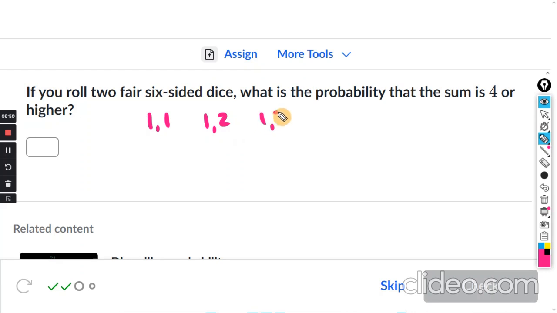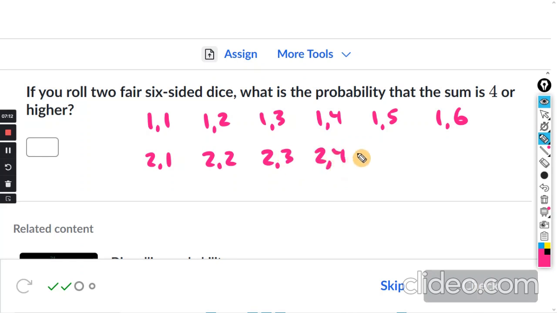And then a 1-3. 1-4. 1-5. And 1-6. So this is all the rolls when you roll a 1 first. Then keep going. You have a 2-1, a 2-2, 2-3, 2-4, 2-5, and 2-6. All right, the first number is the first roll.